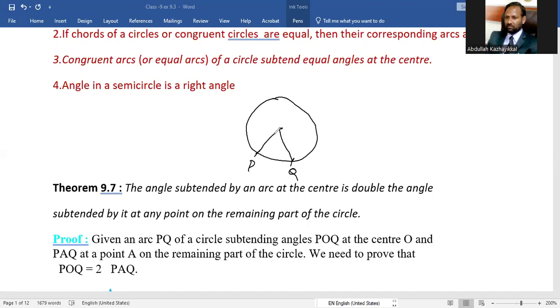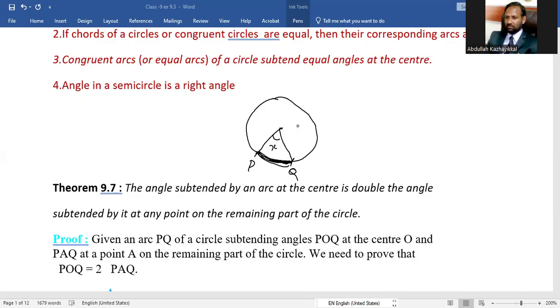Suppose this is X, the angle is X. It will be double of this, double the angle subtended by any point on the remaining part of the circle. That means this is the arc, PQ the arc. There is a chord, you know. PQ is the arc. Then any part, remaining part of the circle.